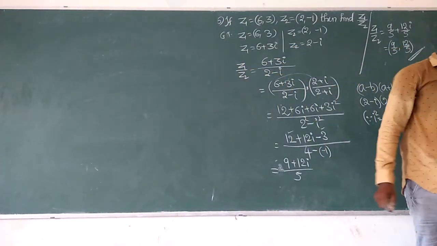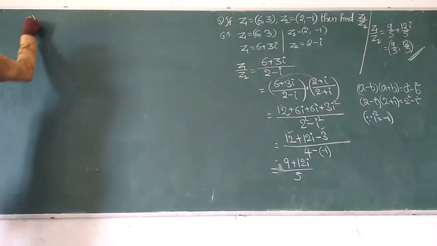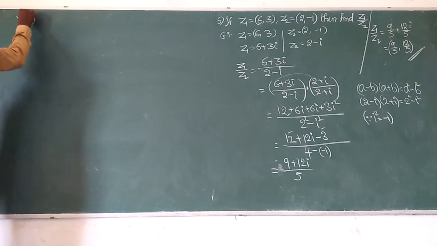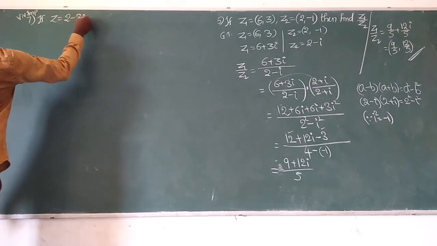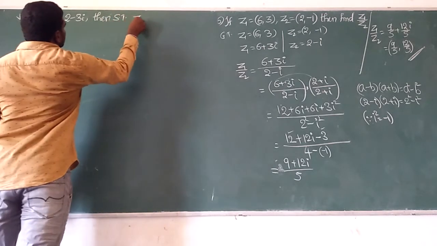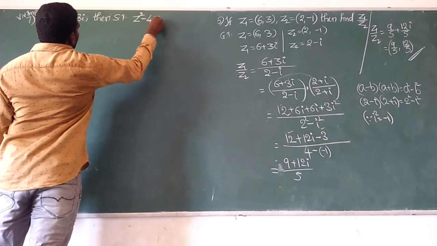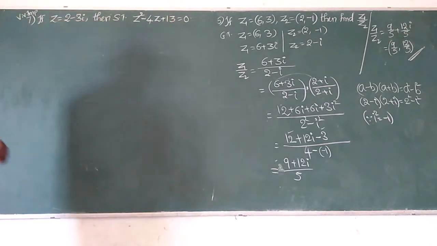The 7th question is most important for 2 marks. If z equals 2 minus 3i, then show that z square minus 4z plus 13 equals 0. Also in the first part there was one question: find the multiplicative inverse of 7 plus 24i. That is most important.